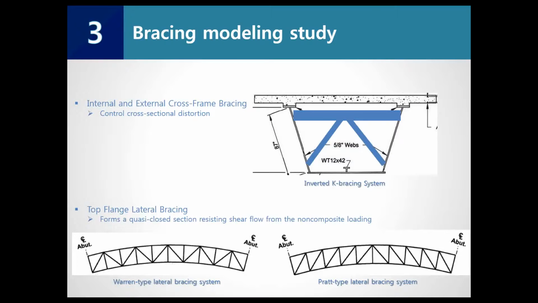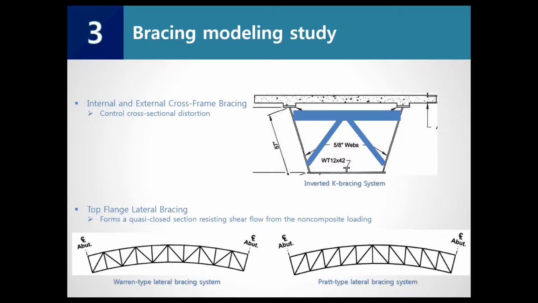First, internal and external cross frame bracing can be observed in most steel top bridges. I might guess that the most general case will be the inverted K bracing system as shown here.